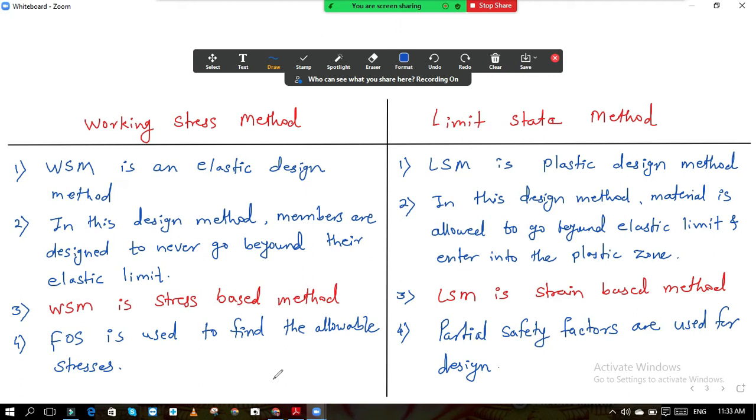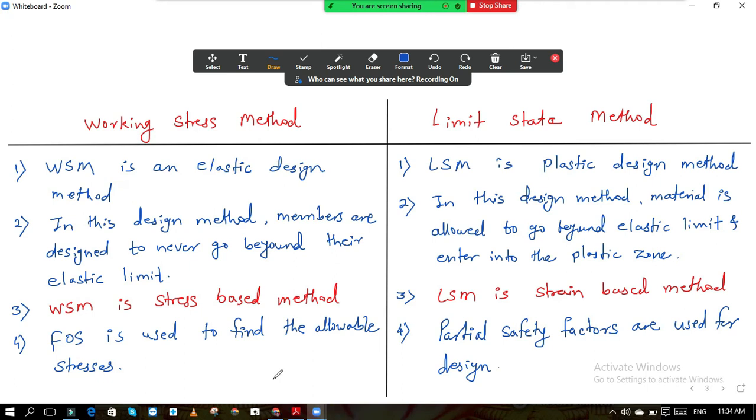Also, one more point about the main drawback of the working stress method: it does not give any failure sign in the member before it fails. Suppose you design a member using the working stress method, then it will fail suddenly. If the load increases, or the stress goes beyond its limit, it will directly fail. But in the limit state method, it won't fail directly.